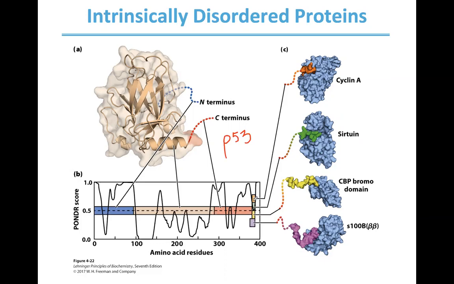So let's say if the carboxyl terminus adopts this kind of conformation, it will interact with cyclin A. This sirtuin, this CBP bromodomain, this protein, right? So this is like a chameleon, right? Basically, it can change its conformation based on which protein it's interacting with. So P53 is a very smart protein, and that's why it's at the heart of regulation of tumor growth.